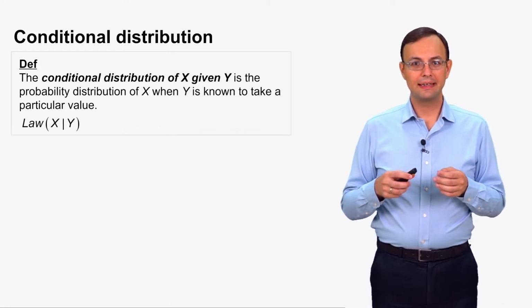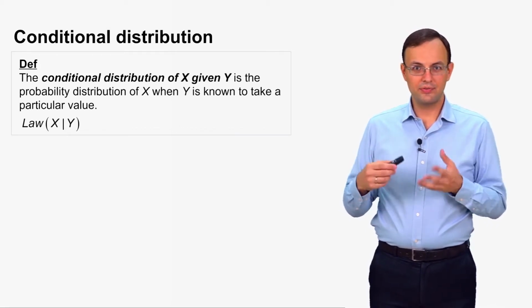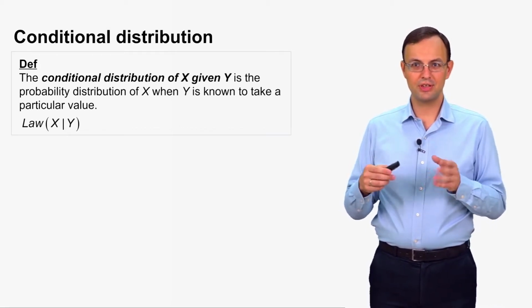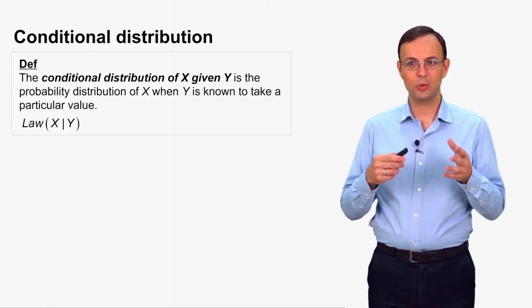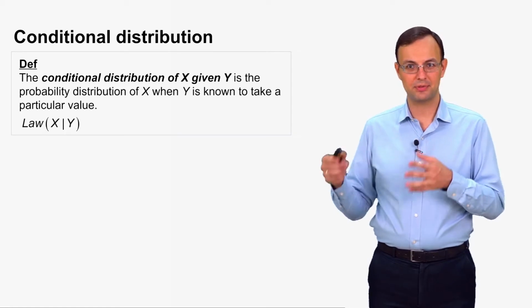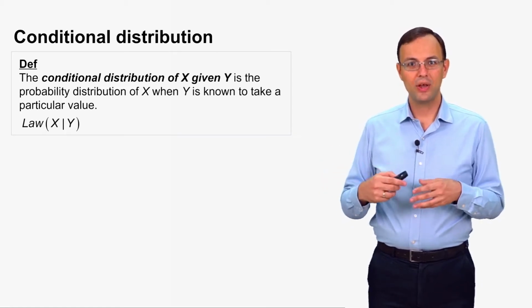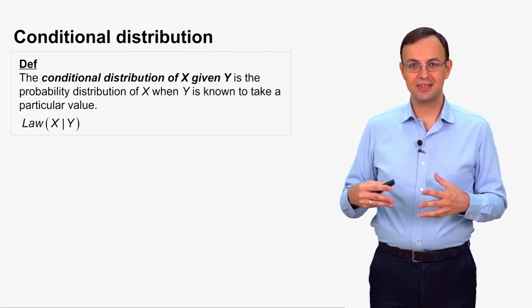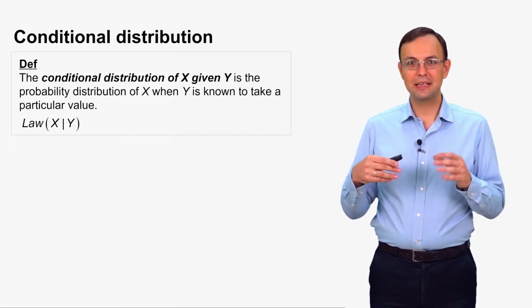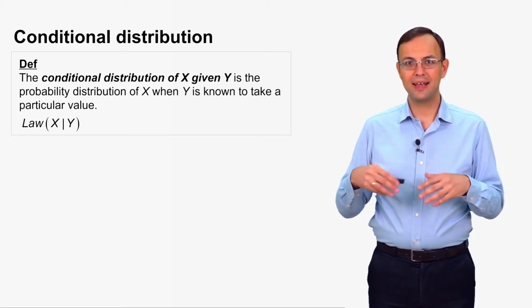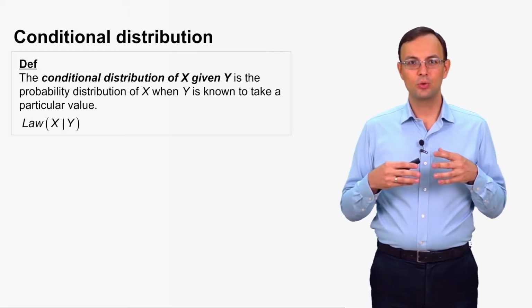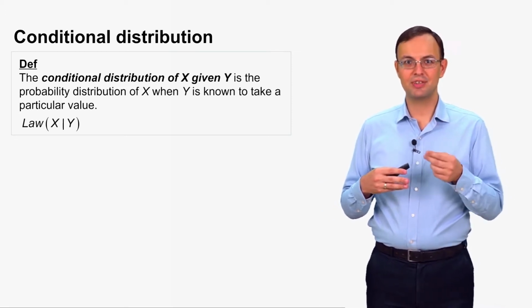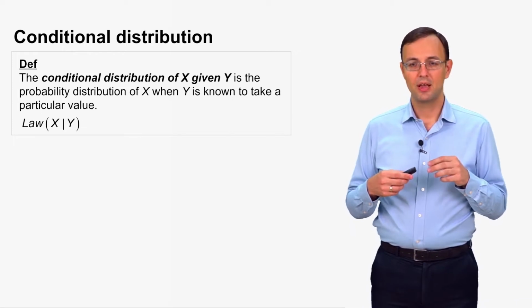So the definition of the conditional distribution is just that it is the distribution of x when y is known to take a particular value. So when the experiment is already done and y realized somehow, so y has already taken some value, and we are now interested in the distribution of x.